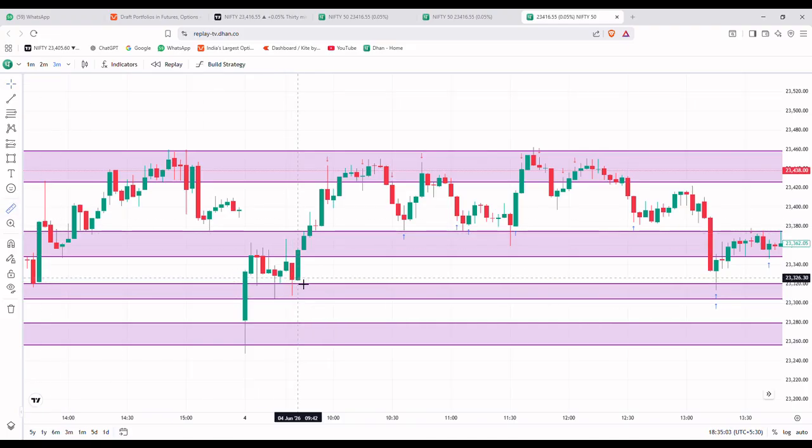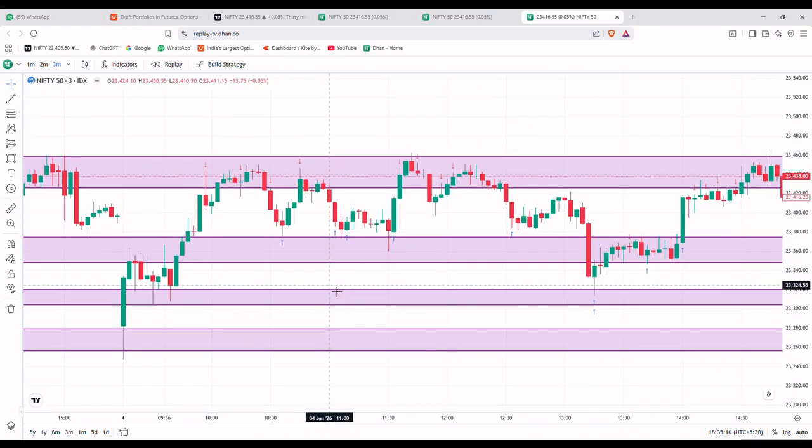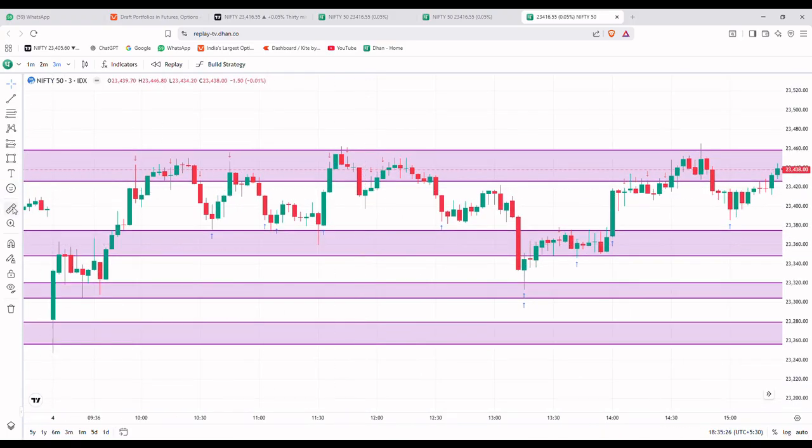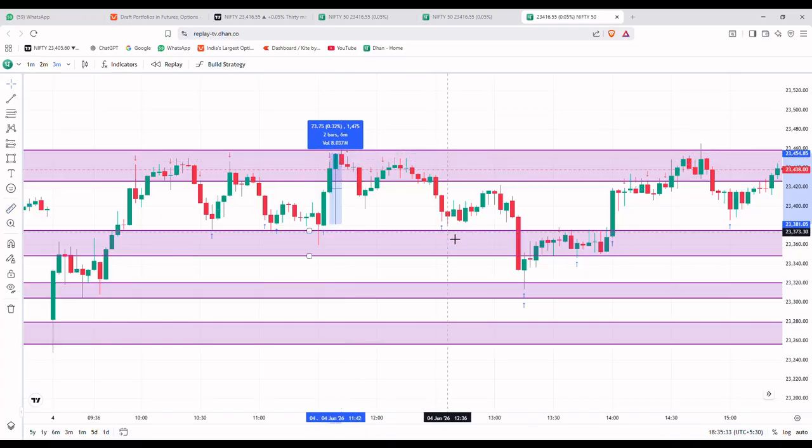As soon as you saw a green candle, your risk is 21 points, and your target till here, easily 100 points, guys. Then you saw this wick, and the next candle, green candle, 50 points. Here also you had opportunity, 75 points.